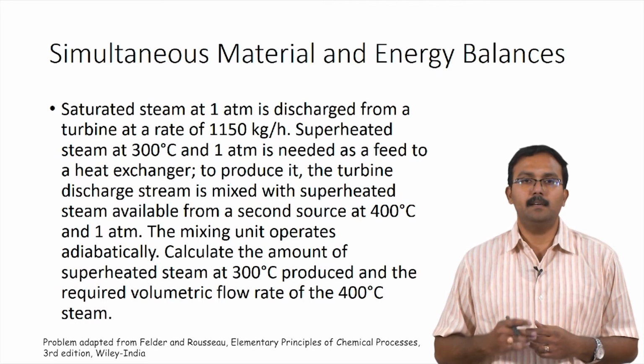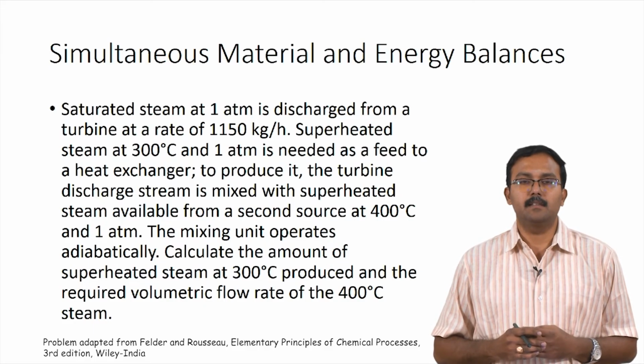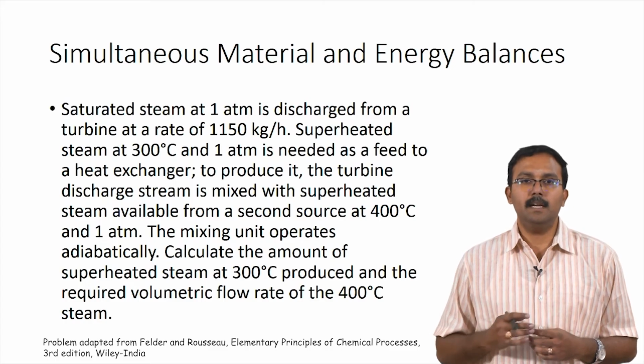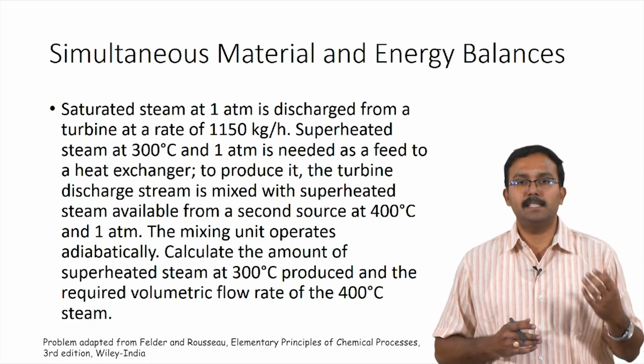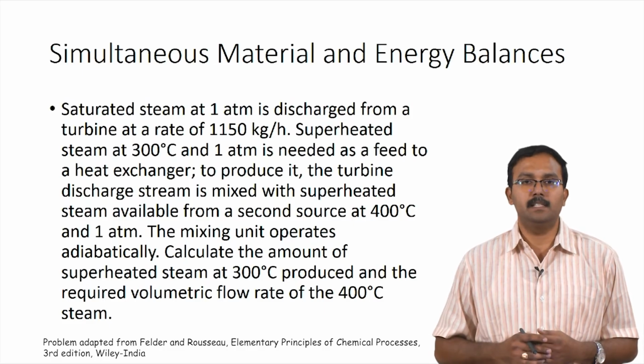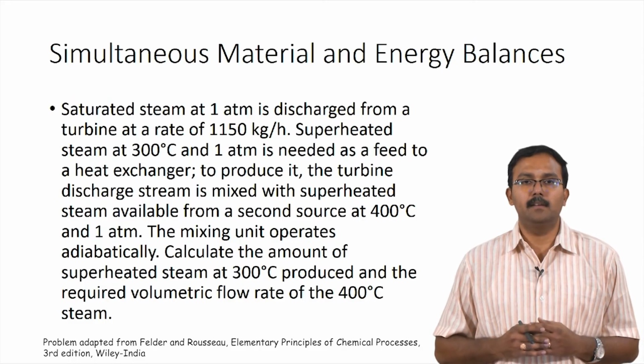Superheated steam at 300 degrees Celsius and 1 atmosphere is needed as a feed to a heat exchanger. To produce it, the turbine discharge stream is mixed with superheated steam available from a second source at 400 degrees Celsius and 1 atmosphere. The mixing unit operates adiabatically.